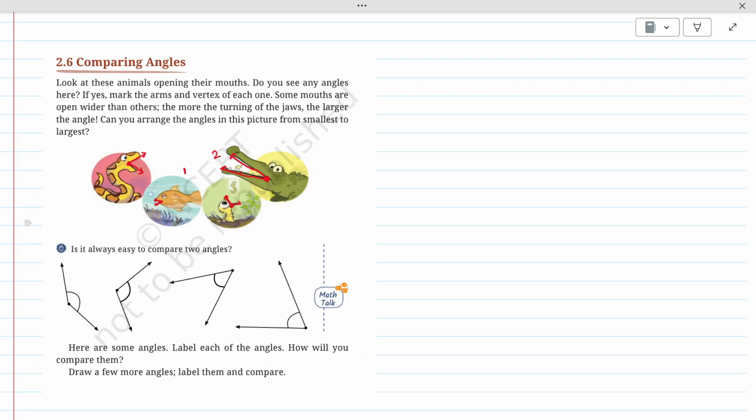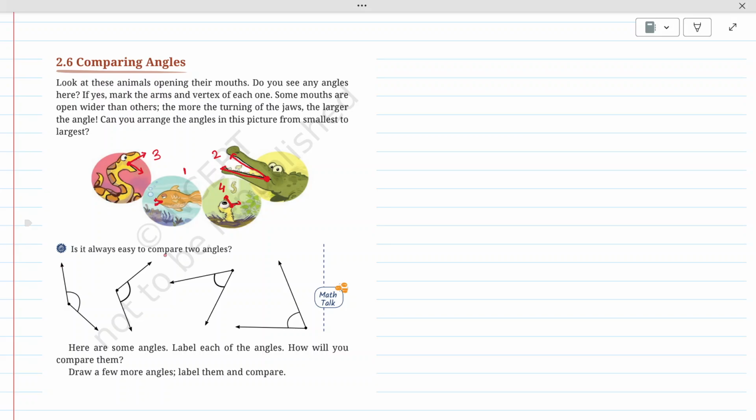It is a little bigger than the angle made by the mouth of the fish. And after the crocodile, it is the snake. And the last one is the wide open mouth of the small chicken. Okay, so this is 4. So we have now marked the angles in ascending order, smaller to bigger.